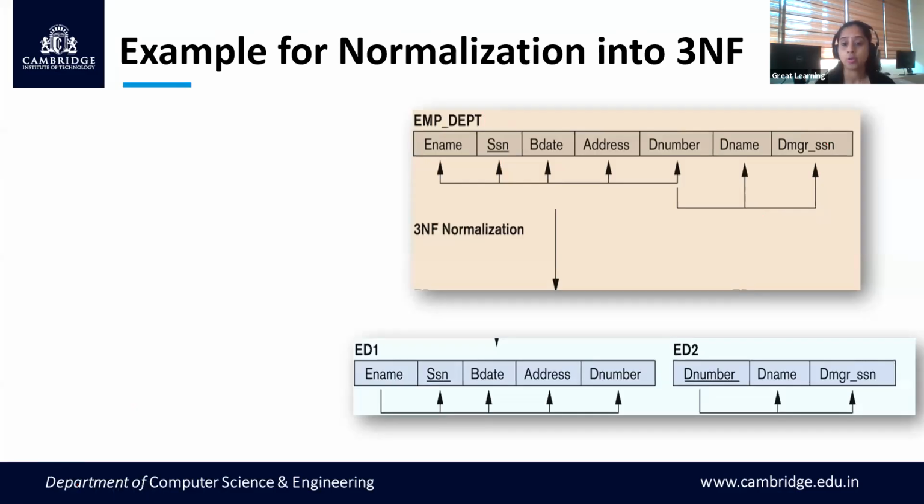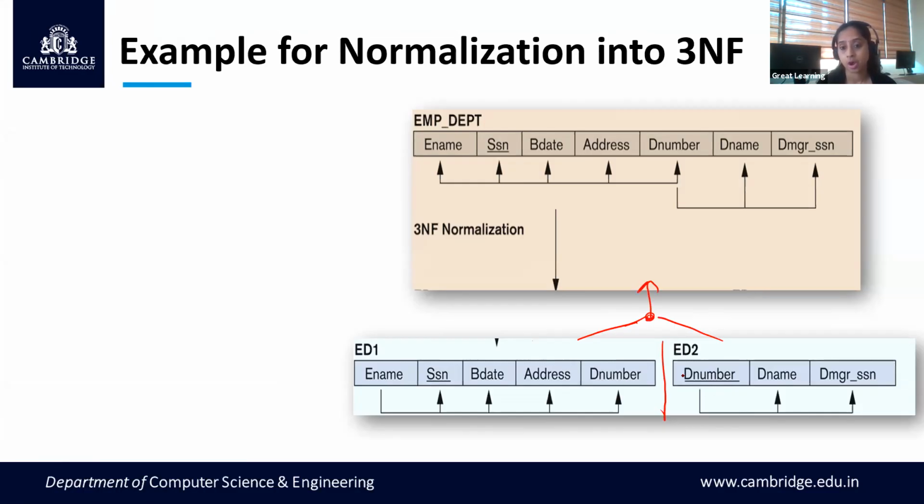Is it clear? Now, you have to remember one thing. When you have divided into two tables and you join these two tables, the data should be equivalent to the original table. There should not be any loss of data and there should not be any addition of data. That is very important.